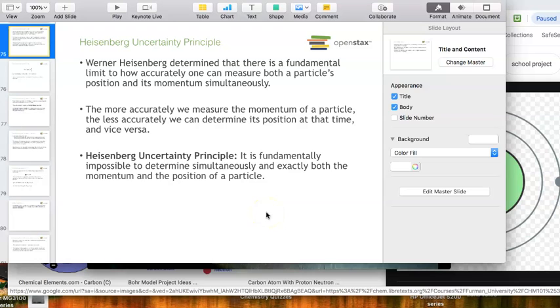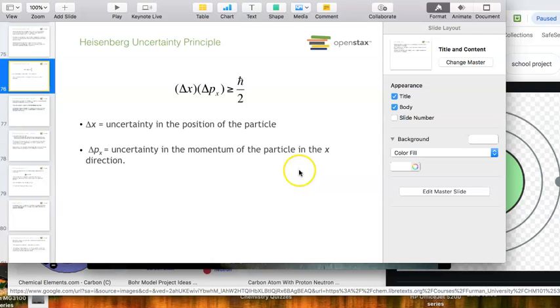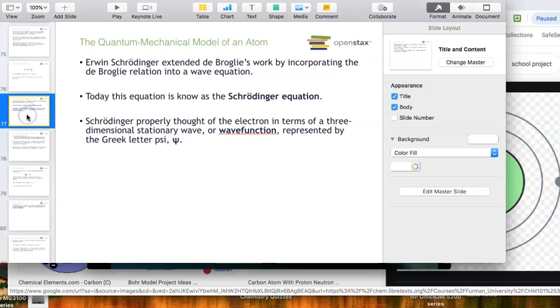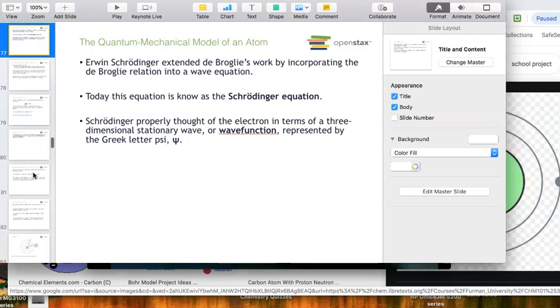It's fundamentally impossible to determine simultaneously and exactly both the momentum and the position of a particle. So here we have Δx, the uncertainty of the position of the particle, and Δp, the uncertainty of the momentum of the particle in the x direction. Basically, if you determine one, you can't determine the other.